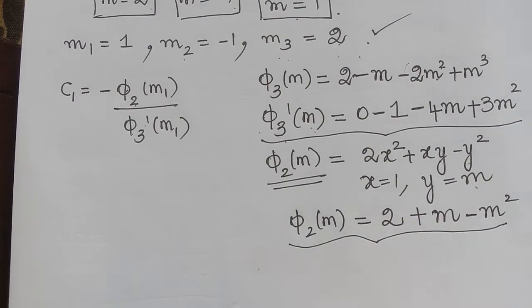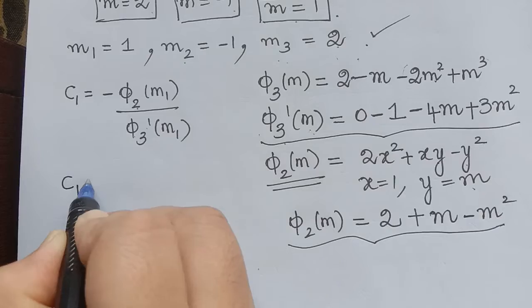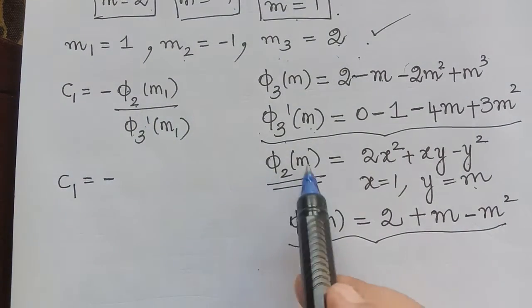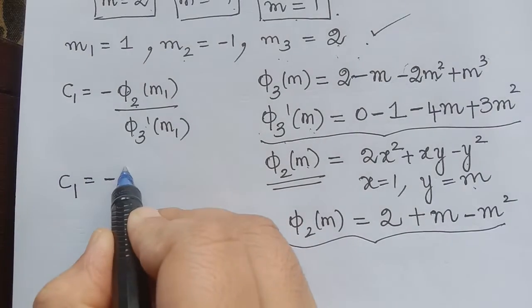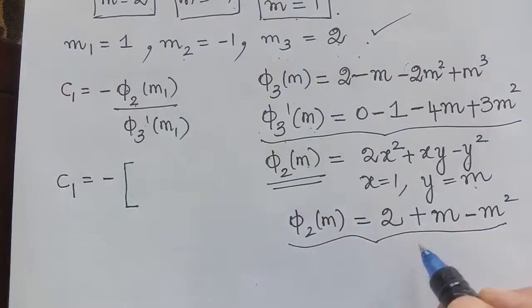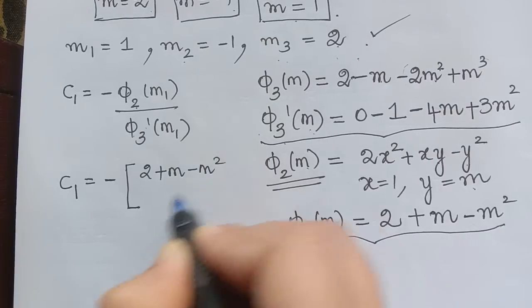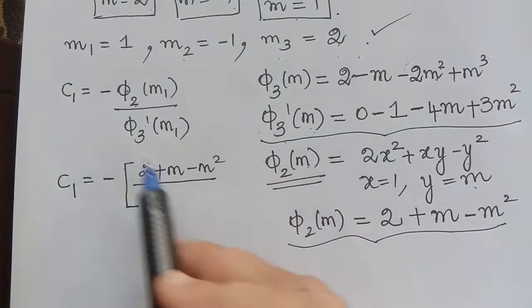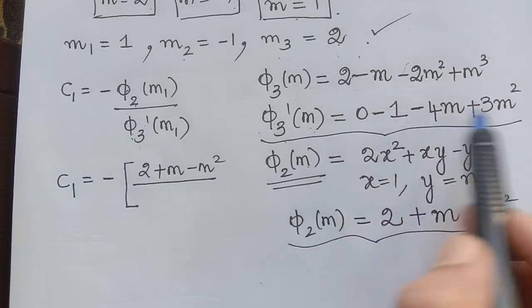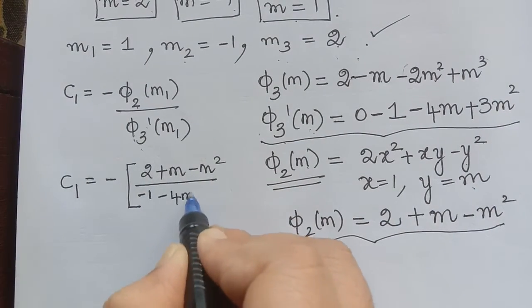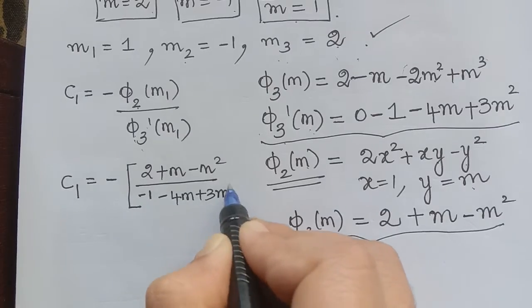So let me substitute. The value of c1 will be equal to negative, what is phi 2 of m? It is 2, so let me put a bracket, 2 plus m minus m square, divided by phi 3 dash of m, which is minus 1 minus 4m plus 3m square.